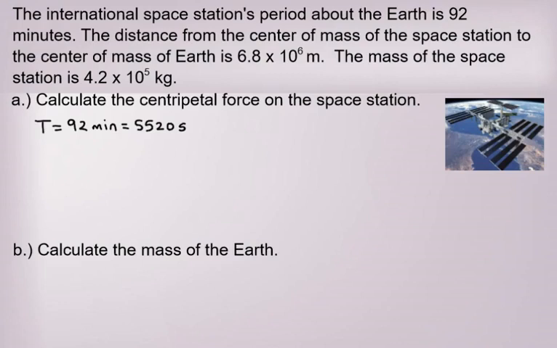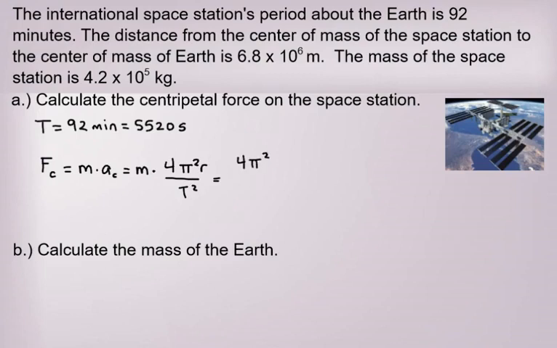The first question asks us to calculate the centripetal force on the space station. And so we know that the space station is moving in a circle. I can figure out the centripetal force by taking mass times the centripetal acceleration, or maybe an easier way to do it for this particular problem would be mass times 4 pi squared r over t squared, which is another way of writing the centripetal acceleration.